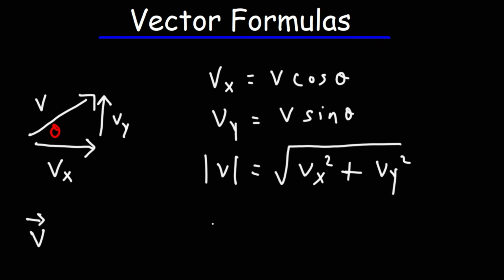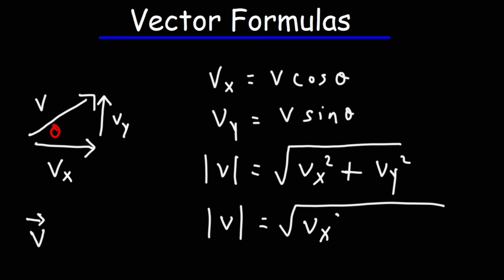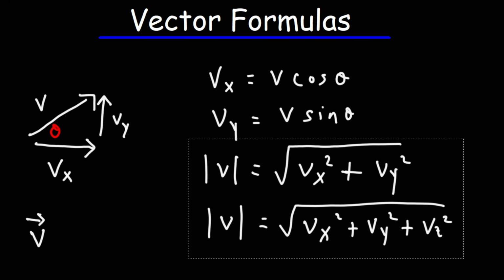For a three-dimensional vector, let's say when it has three components, x, y, and z, the magnitude of v is going to be the square root of vx squared plus vy squared plus vz squared. So that's if you have a 3D vector.